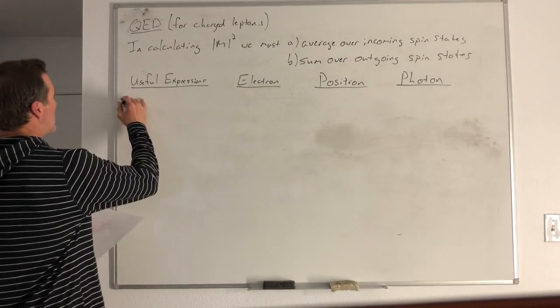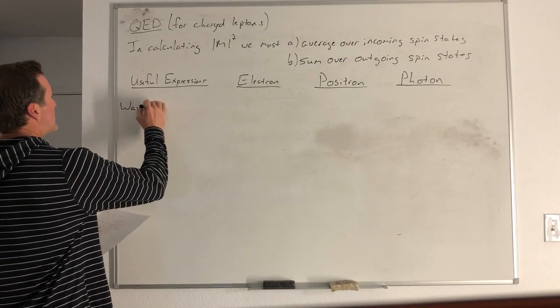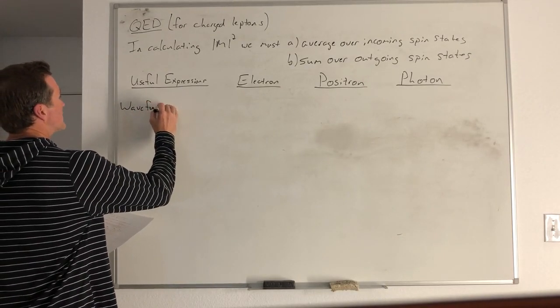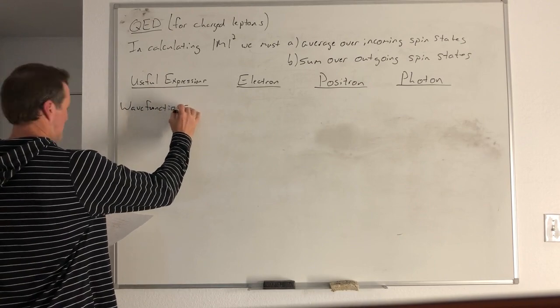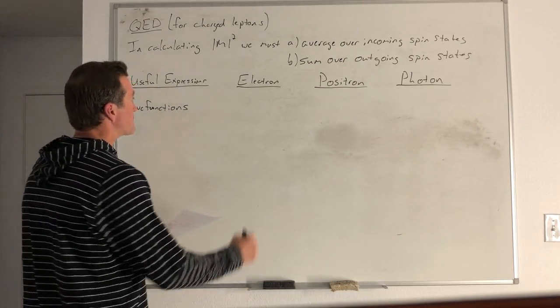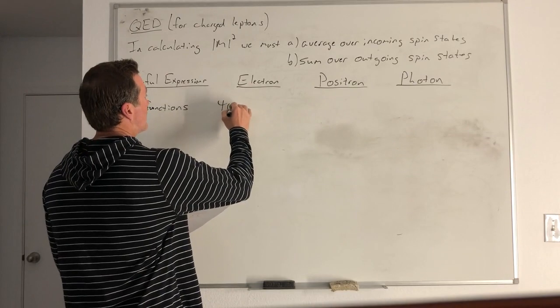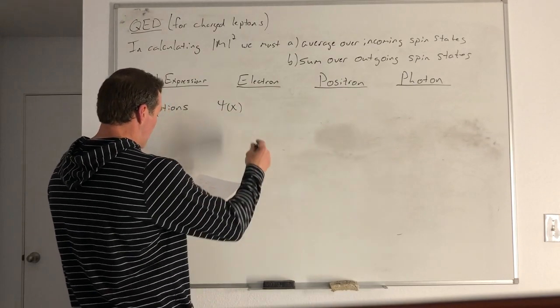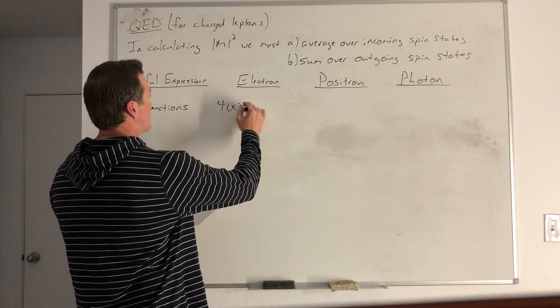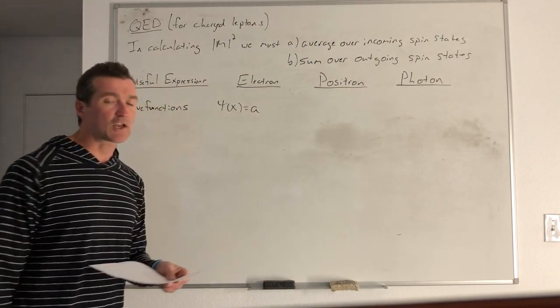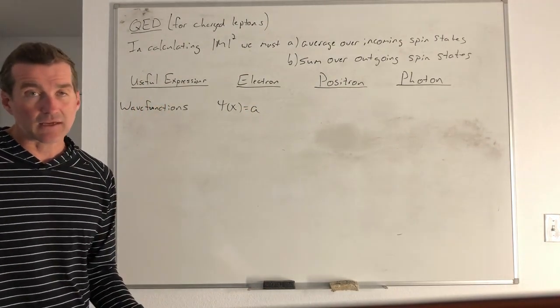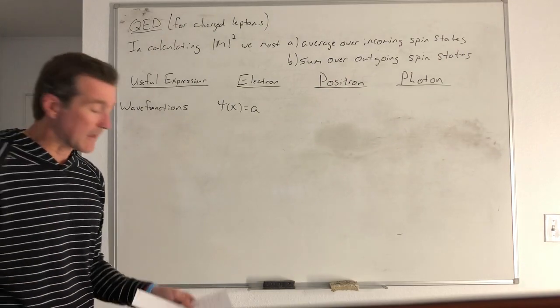Okay? So it's going to turn out that we need expressions for the wave functions. So for an electron, we can write, and this is just a solution to the Dirac equation. That's all it is. Okay?